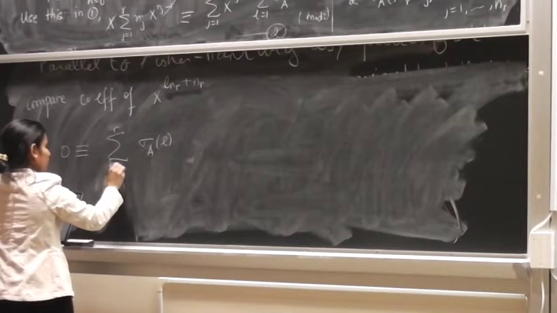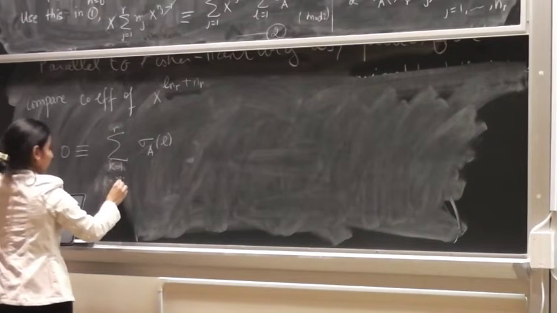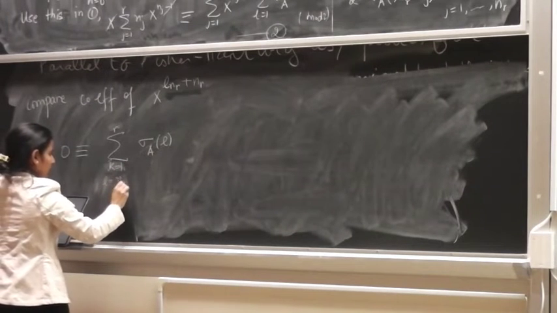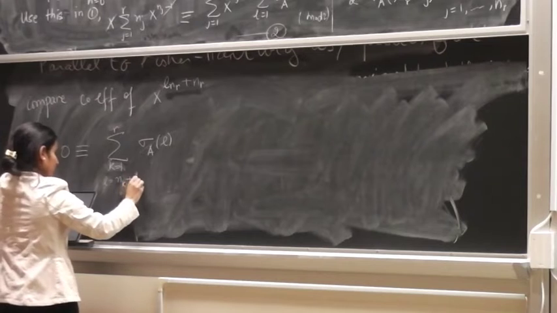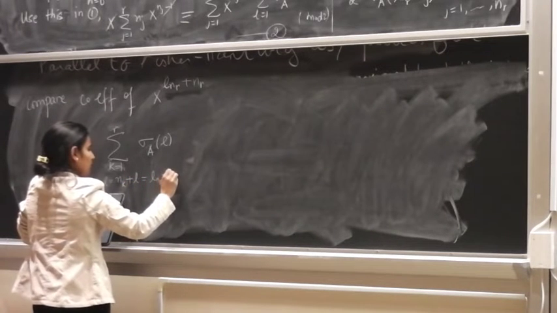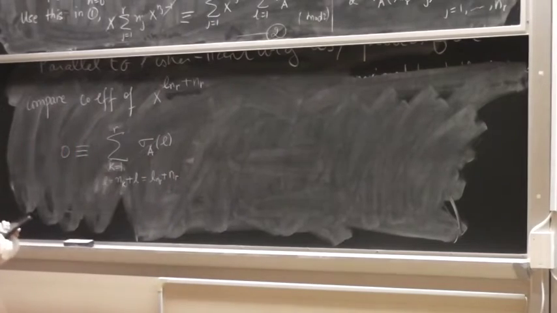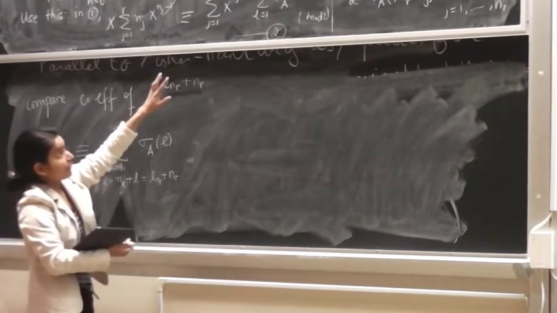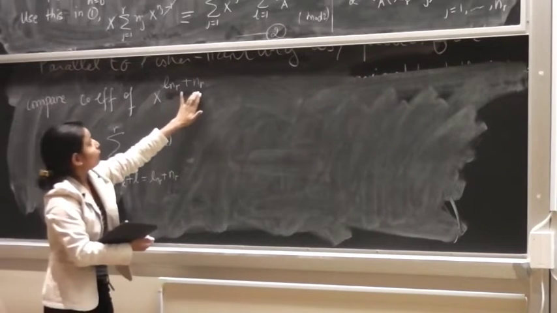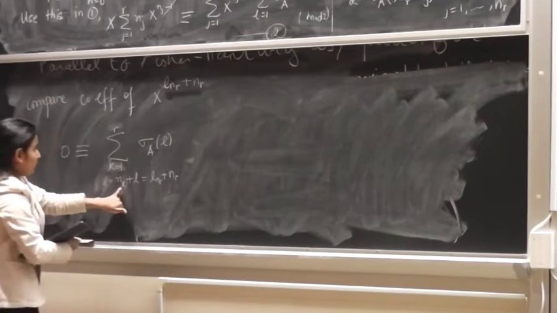Okay, I'm just changing the notation. K from 1 to r, sigma L, and nk plus L should be equal to L sub nr plus nr.